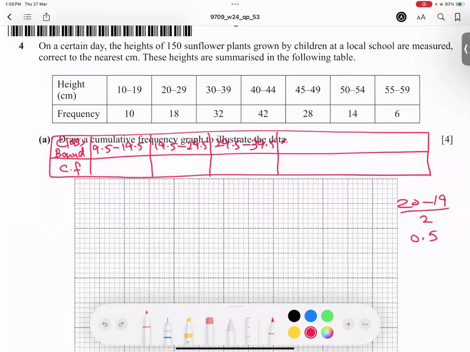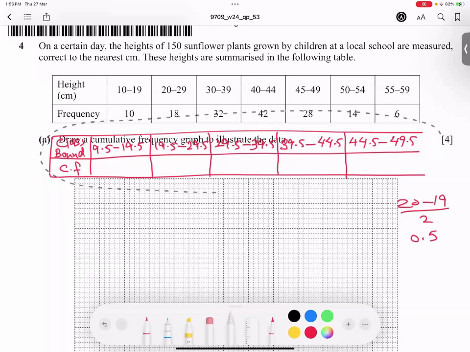So I'm writing here 39.5 and 44.5. I believe you're understanding how I'm going to get it. 44.5 and 49.5. Wait a minute, space may be a problem. So I just drag.